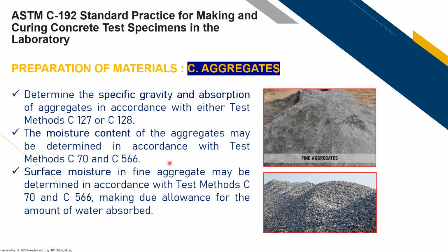At the same time, we need to measure the moisture content of our fine aggregates, and also the surface moisture content for fine aggregates. So before we incorporate both fine and coarse aggregates in our concrete mixtures, they must have undergone preliminary testing. Okay?